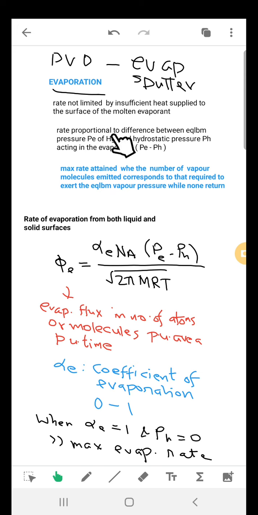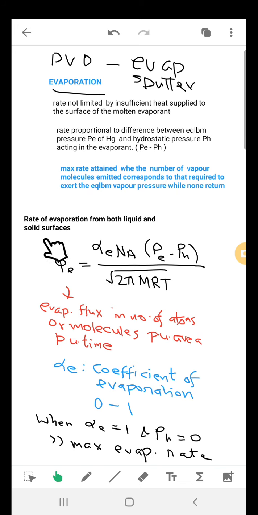The rate is proportional to the difference between the equilibrium pressure of mercury and the hydrostatic pressure acting on the evaporator, that is P minus Pg. Similarly, the maximum rate we obtain, with the number of vapor molecules emitted, corresponds to that required to exert the equilibrium vapor pressure, with none of them returning.